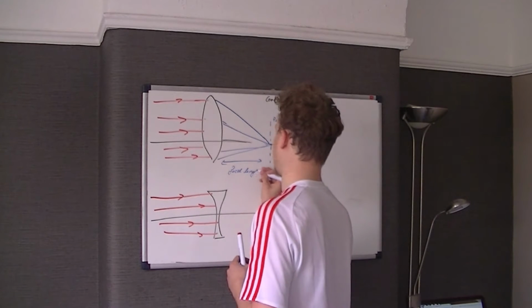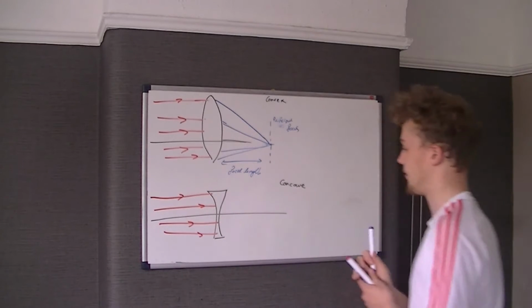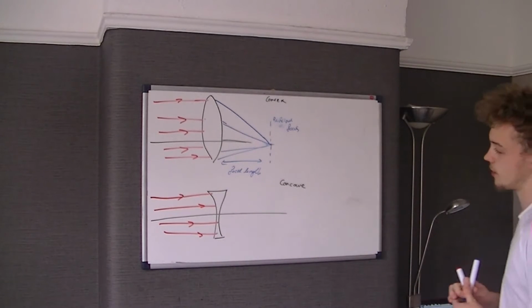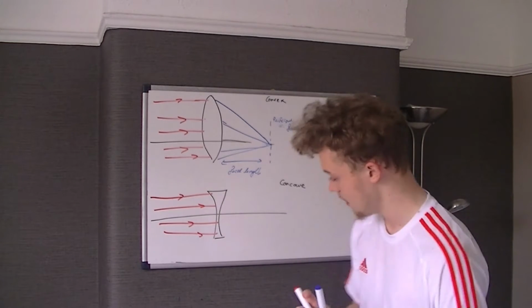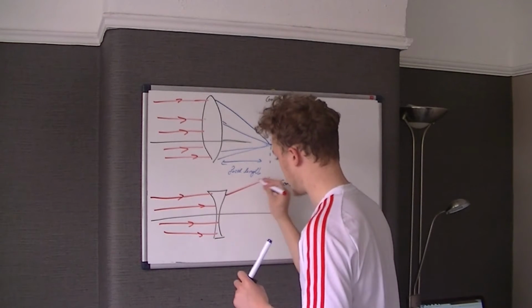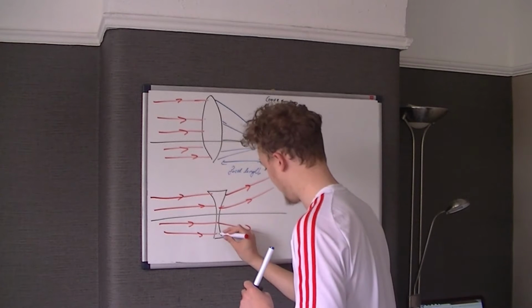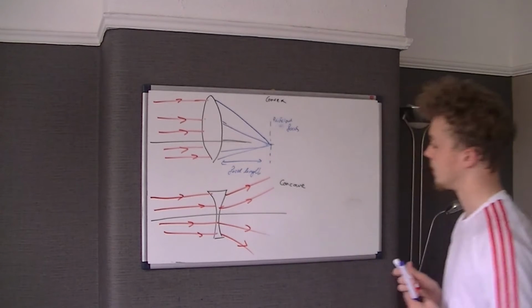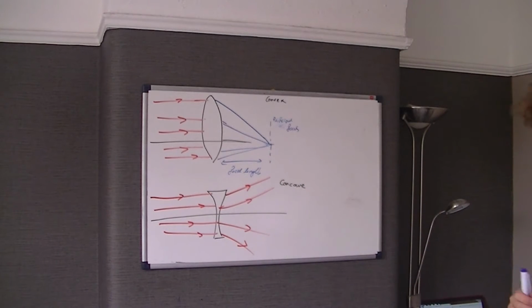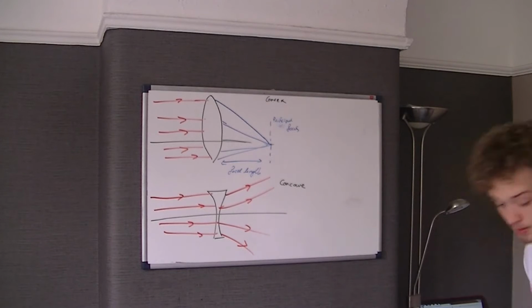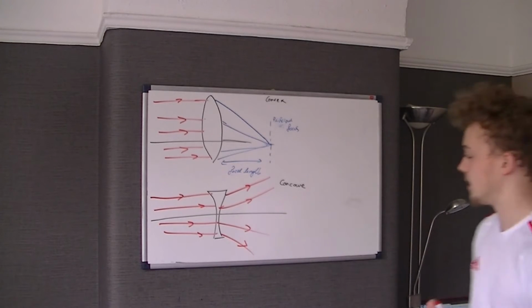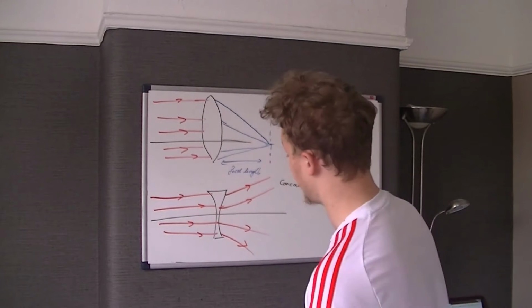Which is key. In this video for the A2 stuff, we're going to be looking at the convex a lot more than the concave, purely because all the concave does is spread the light out. It does the opposite effect to the convex lens. So they're the two types of lenses.